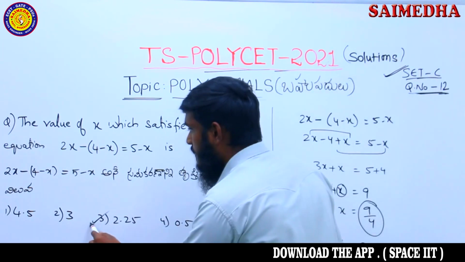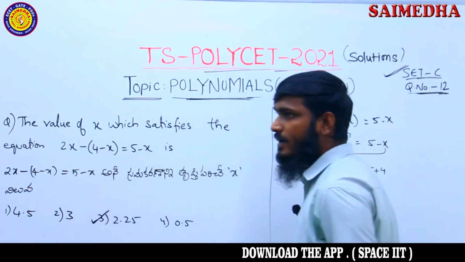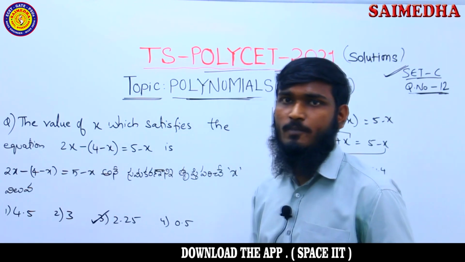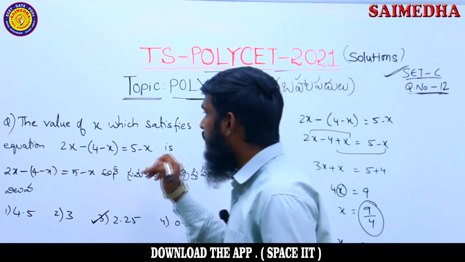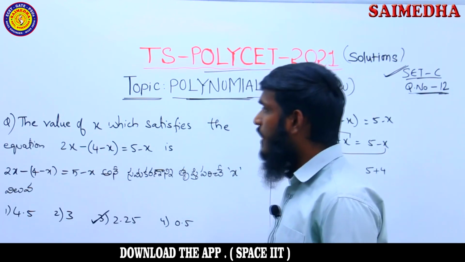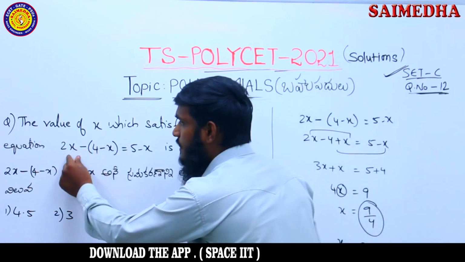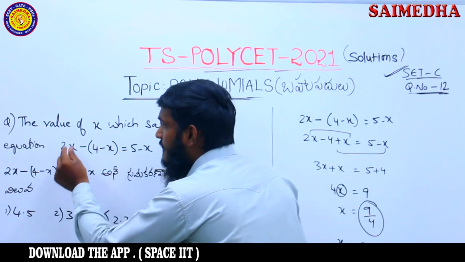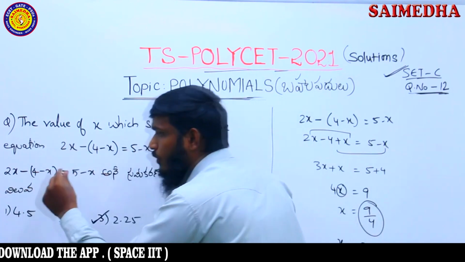Or else you can solve the same question with another method. You take these options and substitute them for x. First you take option number 1 and in the place of x you put 4.5.